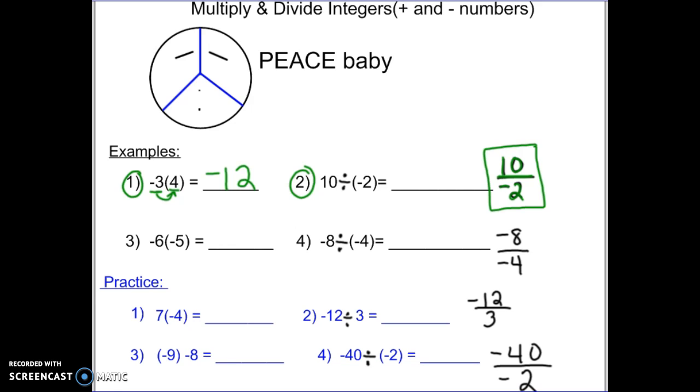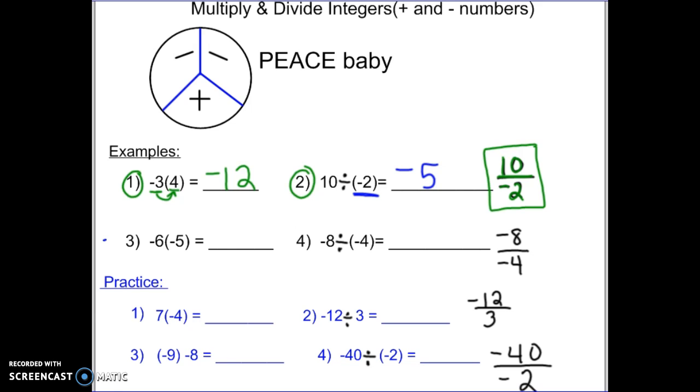And we are dividing this positive number by a -2, so with your other finger, cover up one of the negative symbols on your Peace Baby, and what is left is a negative. We simply do 10 divided by 2, and we get 5. So +10 divided by -2 is a -5. A positive divided by a negative is a negative. A negative multiplied by a positive is a negative.